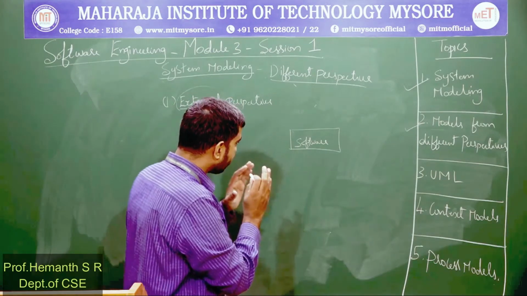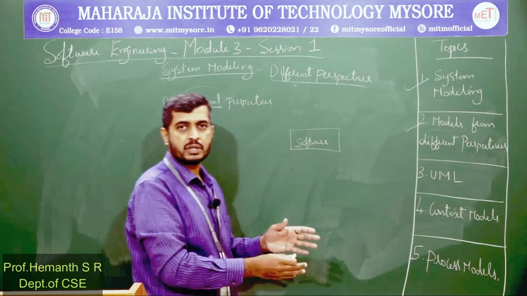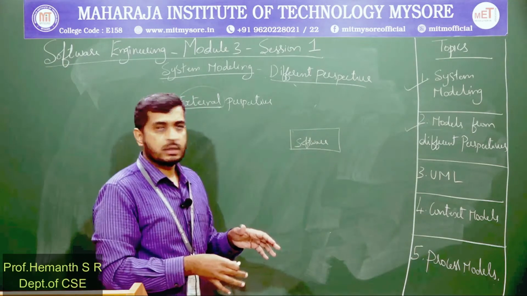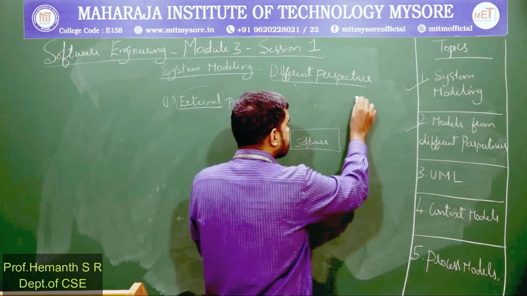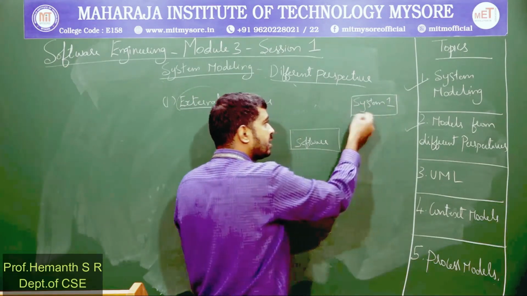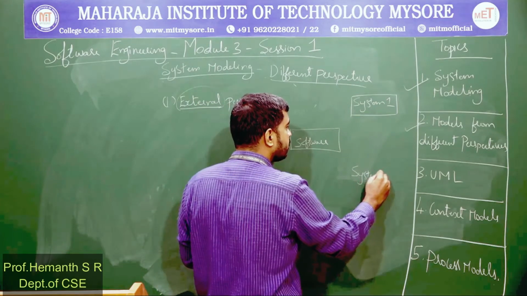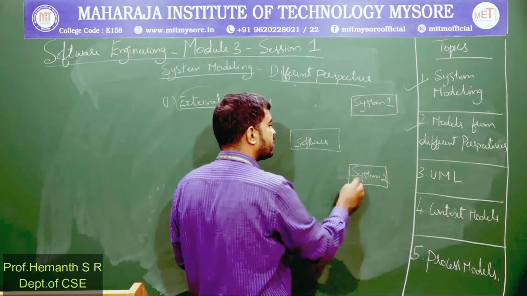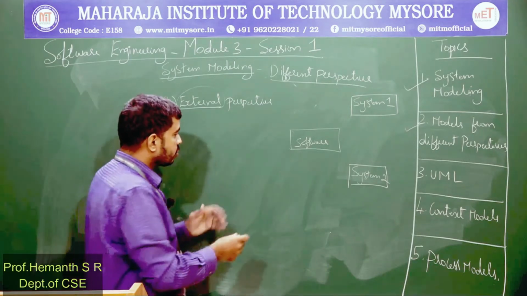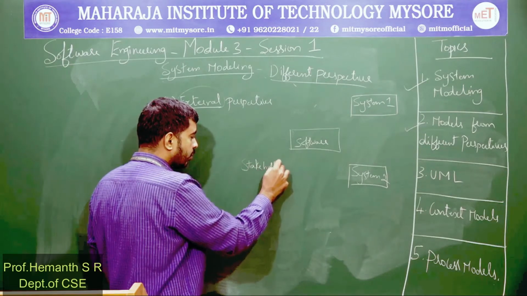I am only presenting my plans about what the different entities are with which the software will interact in the outside environment. So my software is interacting with maybe a system, I'll call it system 1, an external system, an outside system. My software is interacting with maybe a system 2, a different system. I'll give real-time examples to improve your clarity. My software is also interacting with maybe a specific stakeholder.